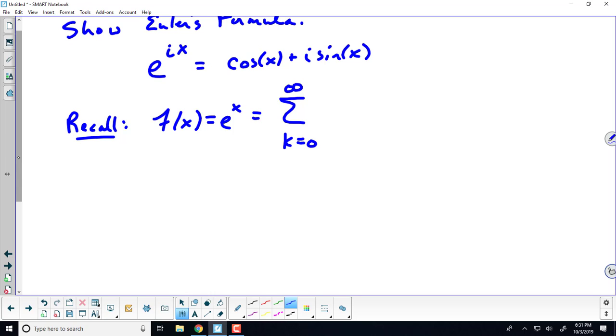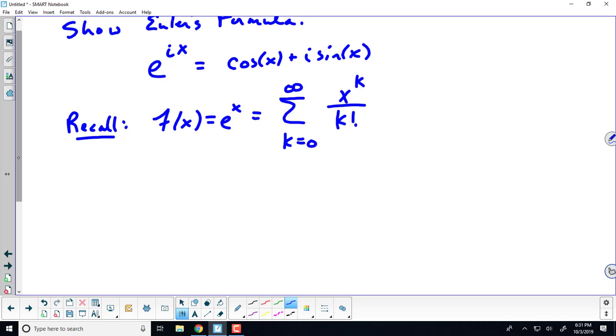It was the sum of x to the k over k factorial. So that's its power series expansion. You remember that?